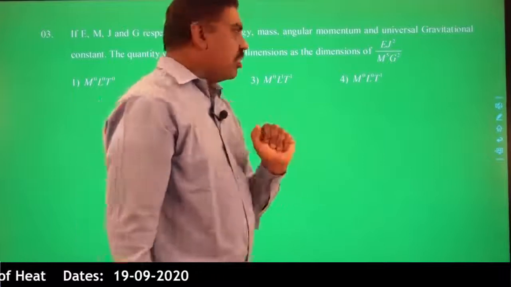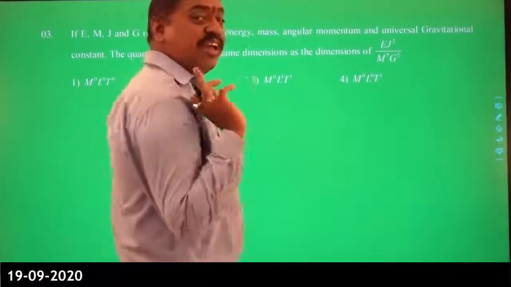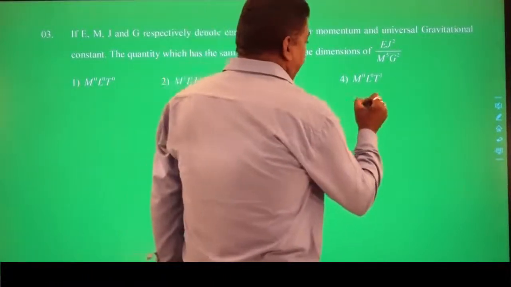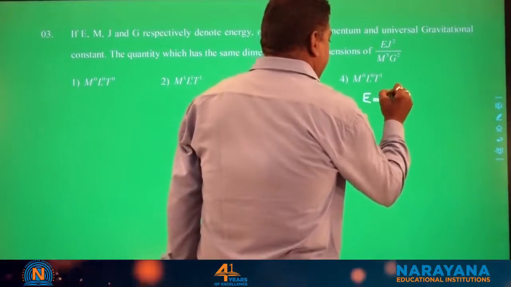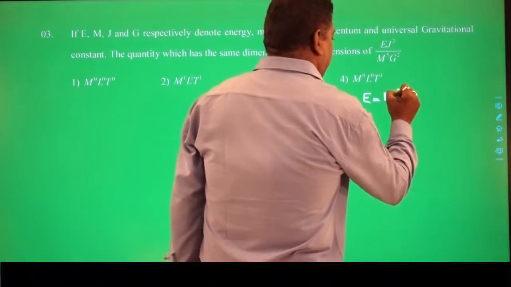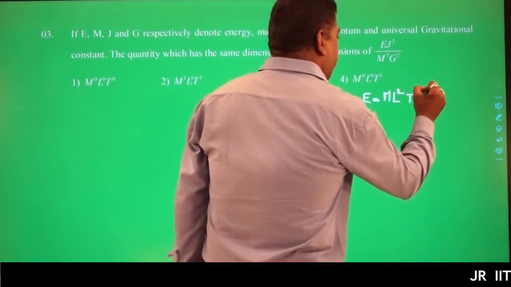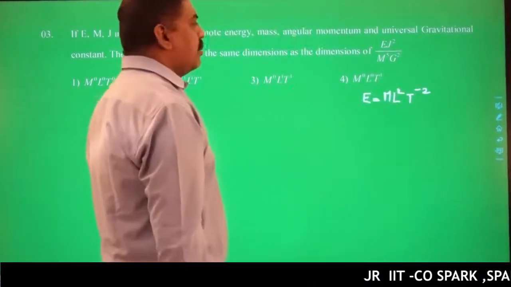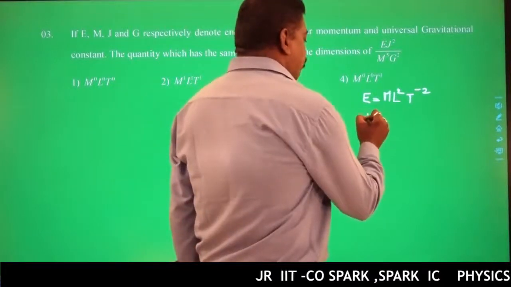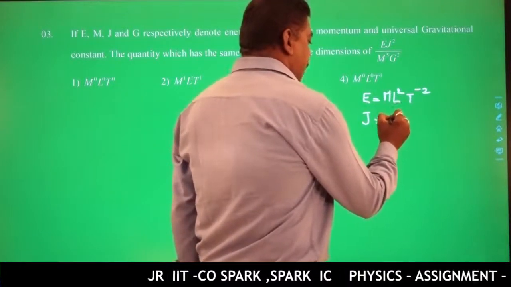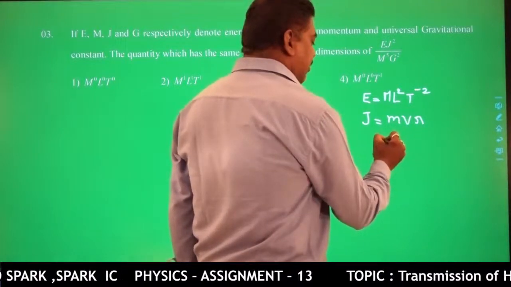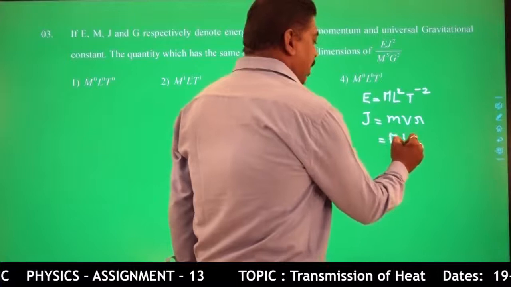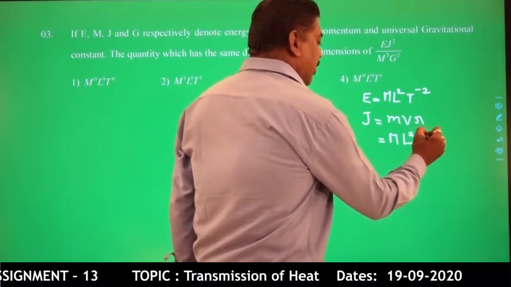First of all, E stands for energy. The energy dimensional formula is E equals M L square T power minus 2. Angular momentum J is given as m v r, which I can write as M L square T power minus 1.